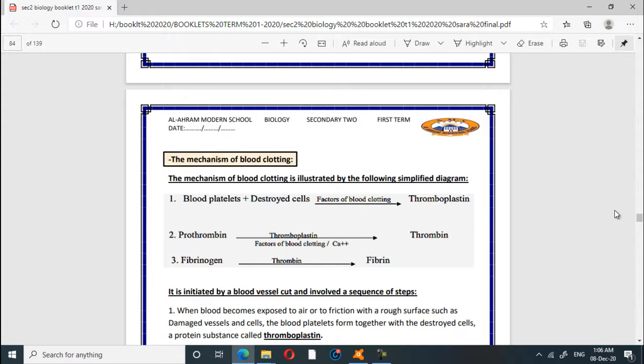This thromboplastin, in presence of calcium ions and the factors of blood clotting, will activate the prothrombin protein into thrombin, and this thrombin will help in aggregation of fibrinogen protein into fibrin, transforming a protein which is soluble inside the blood plasma into insoluble fibrin. Here, in presence of insoluble fibrin, the blood platelets will aggregate at the site of injury, forming the blood clot.